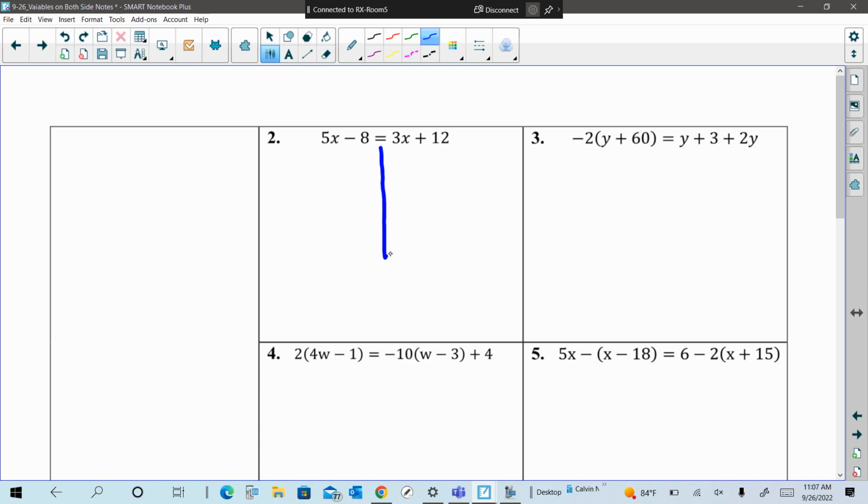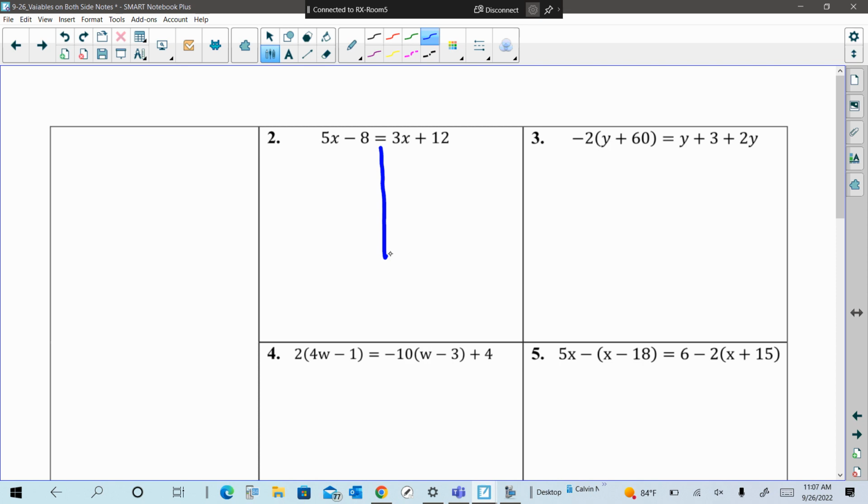All right, so on number 2, do we need to do any distributing? No, because there's no parentheses. Step 2 is combine like terms. Do we have any? If you're saying yes, where are the like terms?